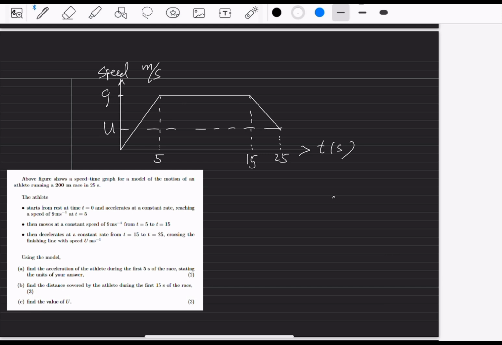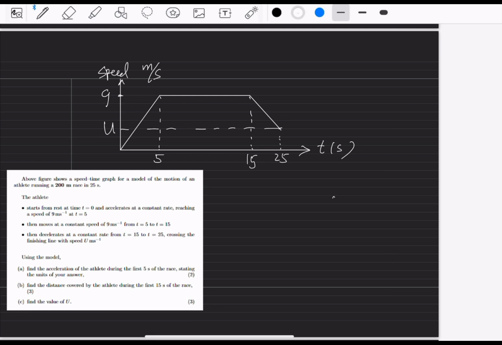Then it decelerates at a constant rate from t equals 15 to t equals 25, crossing the finish line with speed u meters per second. Using the model, find the acceleration of the athlete during the first 5 seconds of the race, stating the unit of your answer.